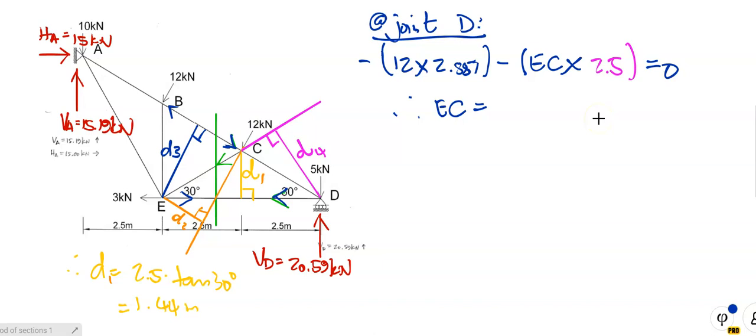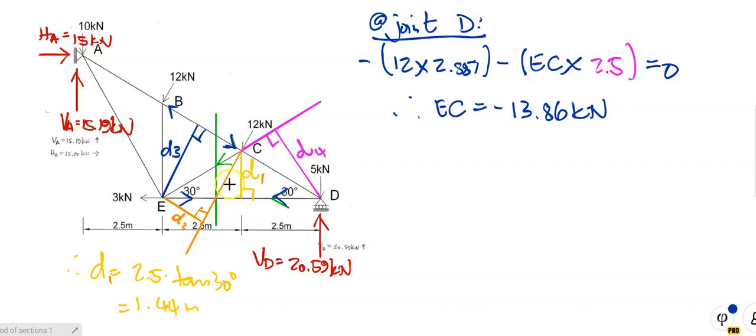And what did you get? You should have gotten 13.86. Sorry, hang on. Very important. From my equation there, I'm going to get minus 13.86 kilonewton. And what does the minus sign mean?